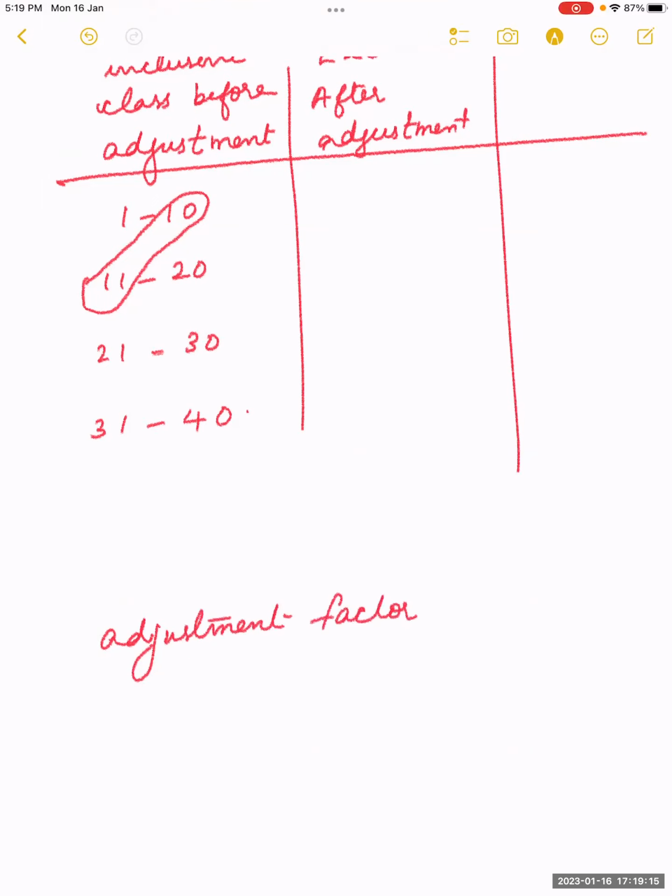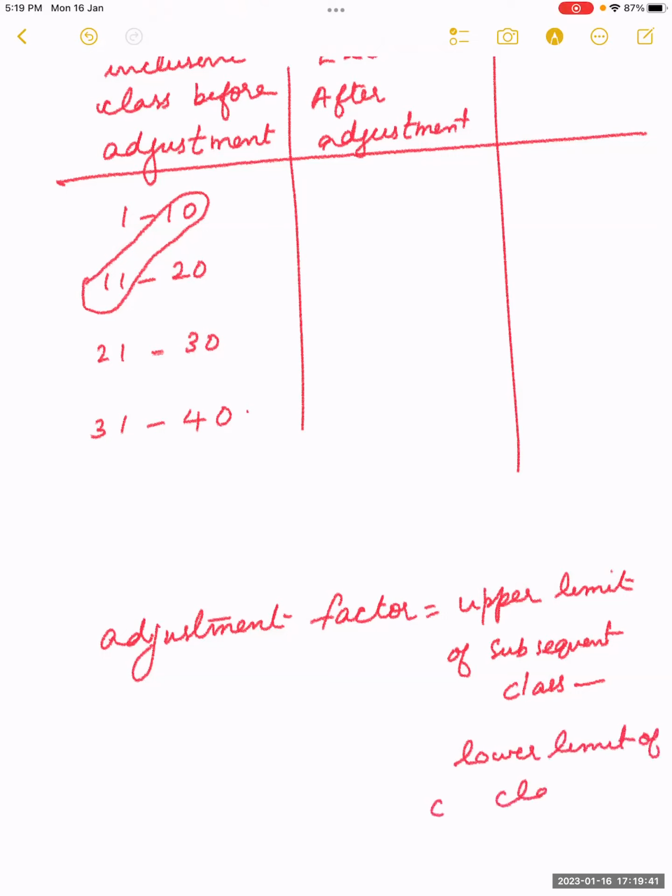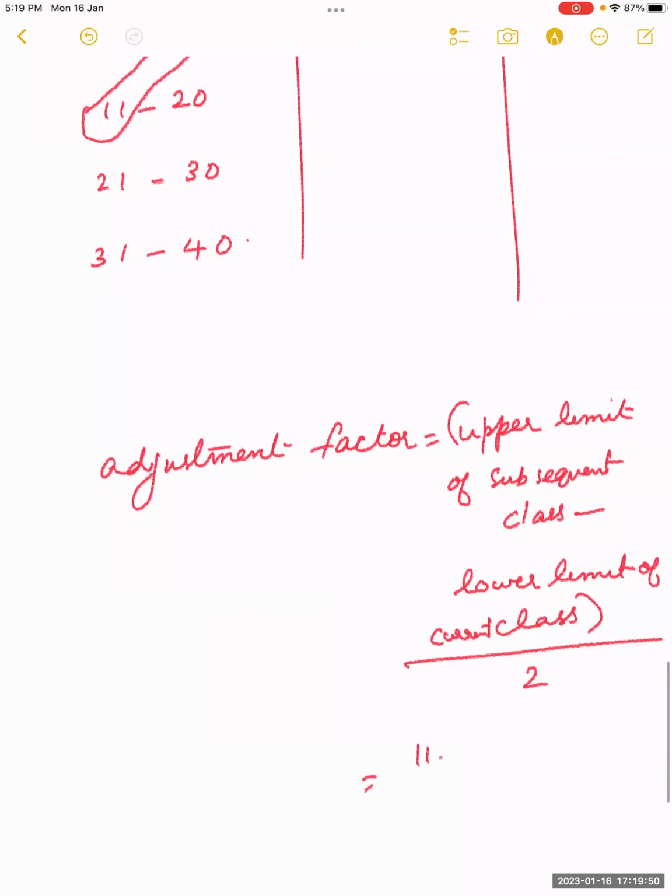The adjustment factor is the upper limit of the subsequent class, or next class, minus the lower limit of the current class, divided by 2. In this case, you have 11 minus 10 by 2, which is 1 by 2, which is 0.5.